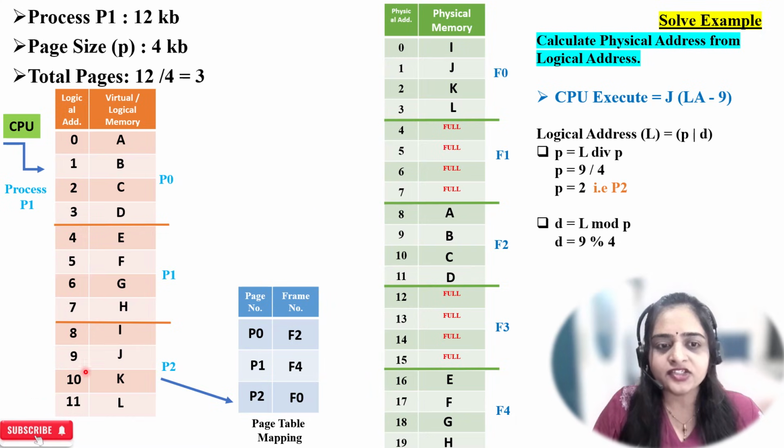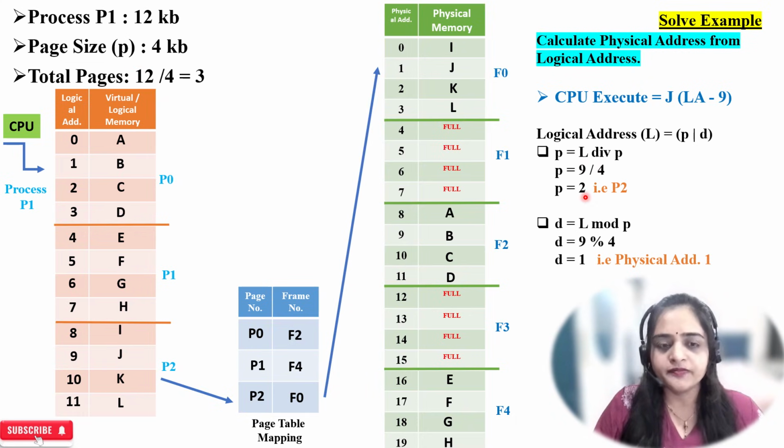What is the logical address of J? 9. 9 divided by, and what is the size of the page? The page size is 4, right? So 9 divided by 4. The answer is 2. It means that J, this particular data, is stored in page 2.